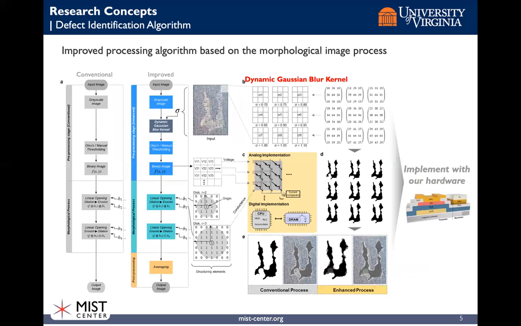And using this one-transistor, one-memristor crossbar array, we demonstrate the defect identification process with embedded morphological image processing. Here we employ dynamic Gaussian blur kernels with multiple sigma values by controlling the weight value of the 1T1R array to process the convolutional neural network at low power compared to the digital implementation.